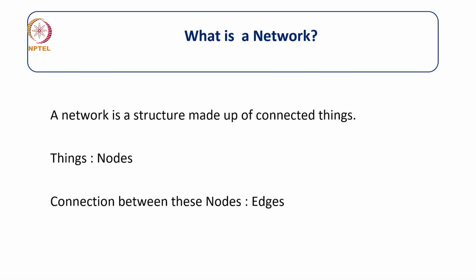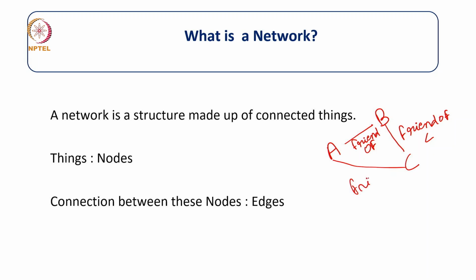For understanding purposes, imagine a situation where A is a friend of B, and B is a friend of C, and C is a friend of A. So this is a network of three friends, A, B and C. These A, B and C are known as nodes, or vertices.